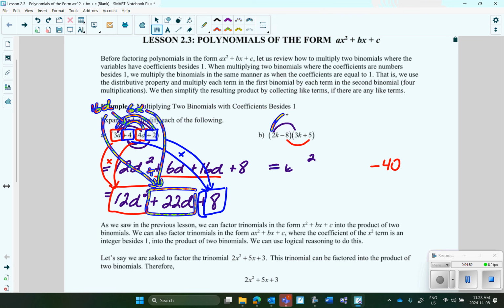It's going to be 10k minus 24k, which gives you minus 14k.